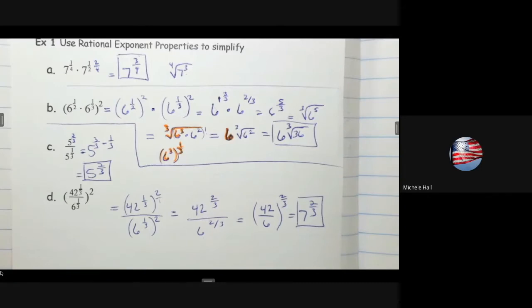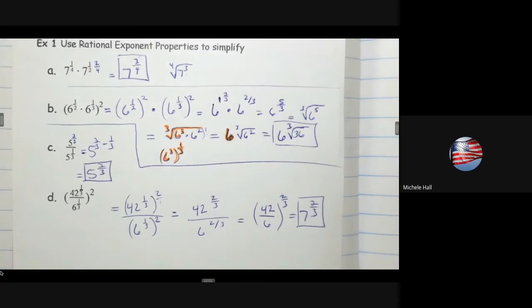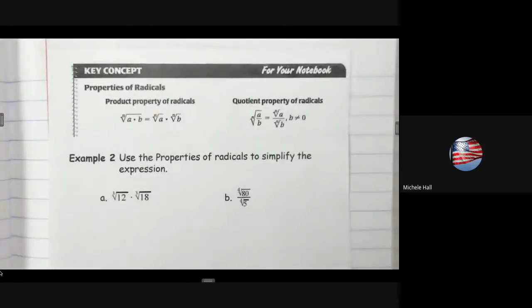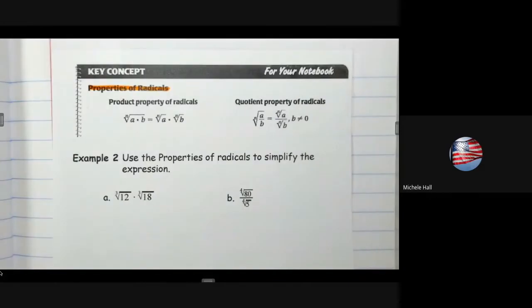A lot of algebra in these exponents, manipulating. Hopefully you have a good understanding from chapter 2, the rules for exponents. As you can see, it's going to be more in depth for this chapter. Properties of radicals. This only applies to multiplying and dividing. We have the product property.